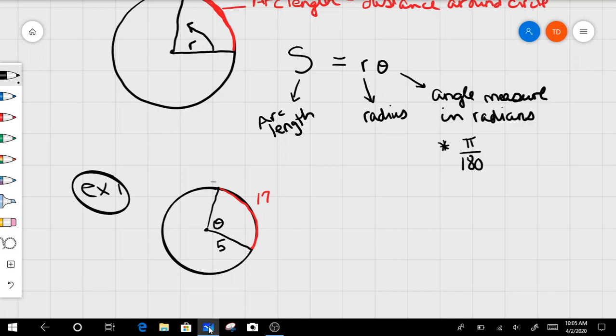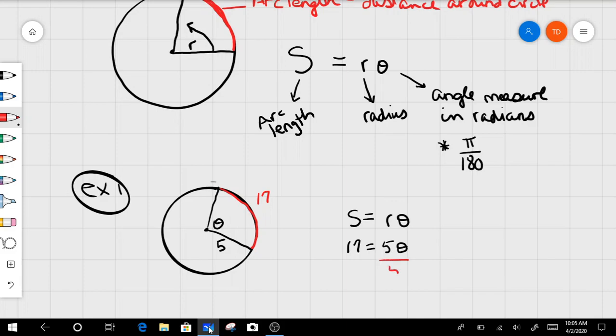Find theta. So use your formula, S equals R theta. It's not really an O, it's theta, so don't get confused, but I'm taking shortcuts here. S is 17, your radius is 5, and theta is what we're missing.